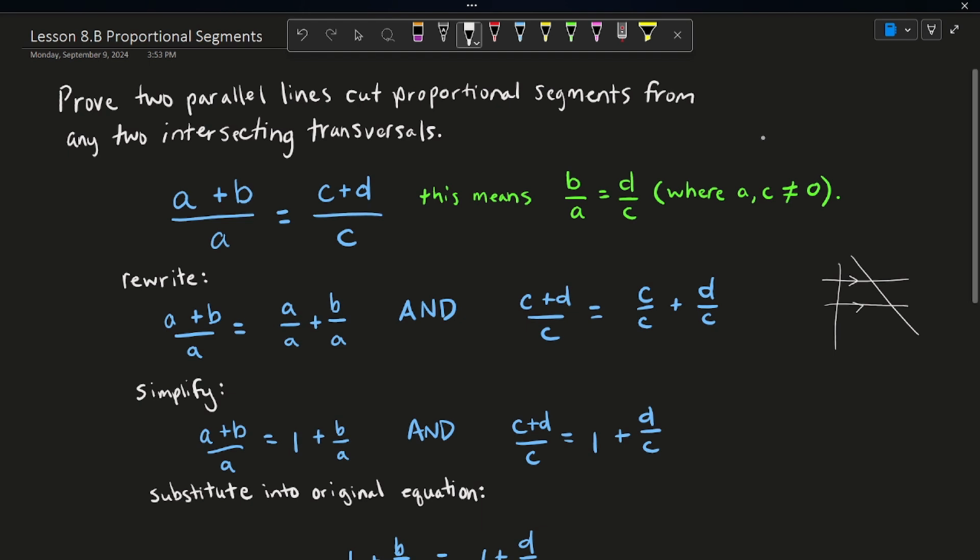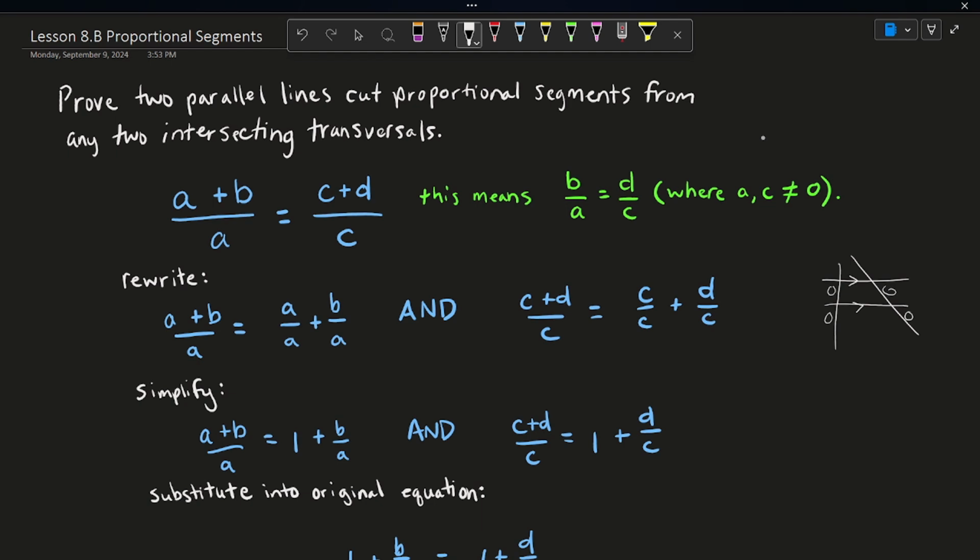And they want us to prove that those are proportional segments. So you have A plus B over A is equal to C plus D over C. This means that B over A is equal to D over C, where A and C are not equal to 0. I'm not going to have 0 in the divisors.